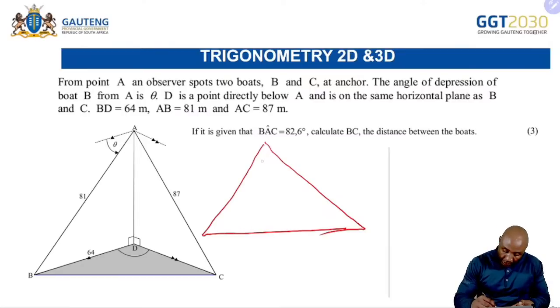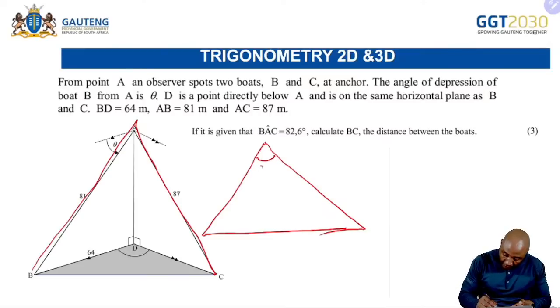You'll be able to see that this angle here, we are given BAC. It is given as 82,6 degrees. That's A, B, C.